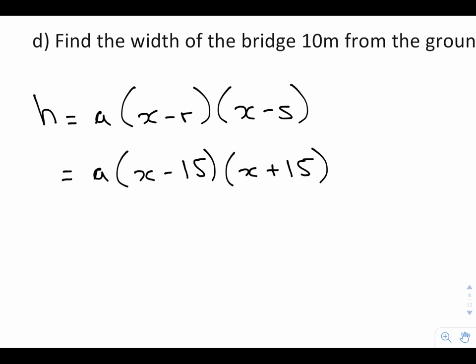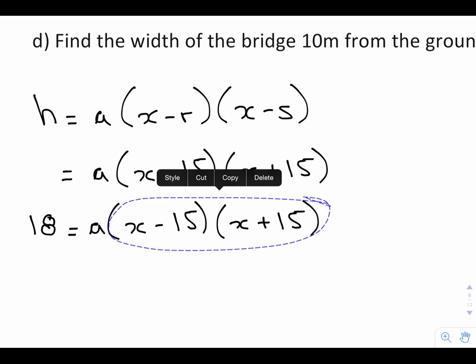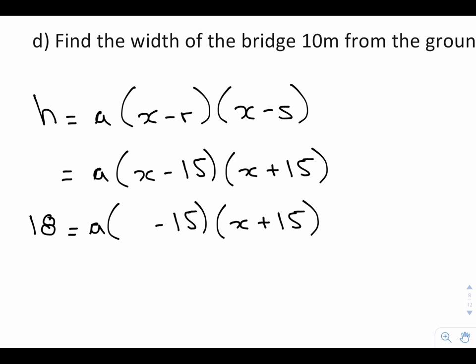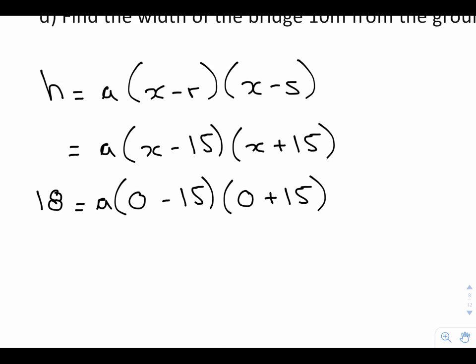And that's what I'm going to use in my equation to solve for a. So let's replace my h value with 18, because that's the height. I have a, and I'm going to copy this whole thing over here. But instead of x, which I will delete right now, I'm going to substitute a 0, because that's what my x value is, and carry out my operation.